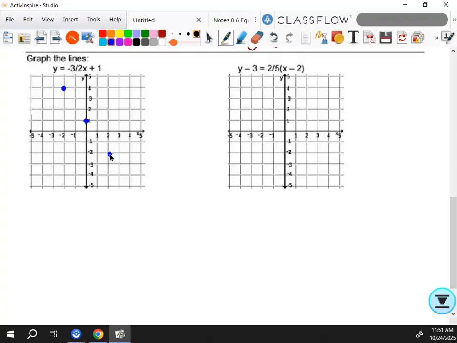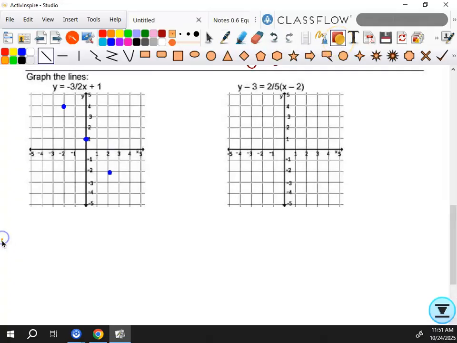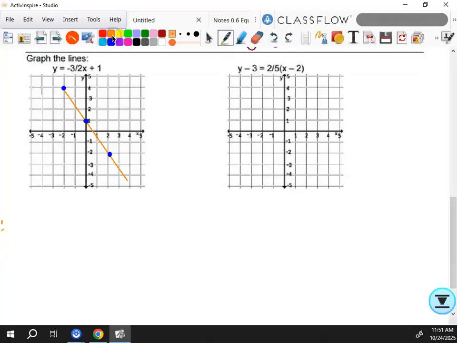Just make sure you have a negative slope and you're good. All right. So then your ID, which should be around your neck, makes a great straight edge. And there's your line. Okay.